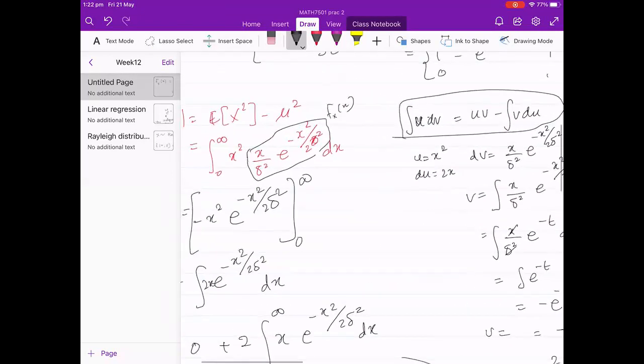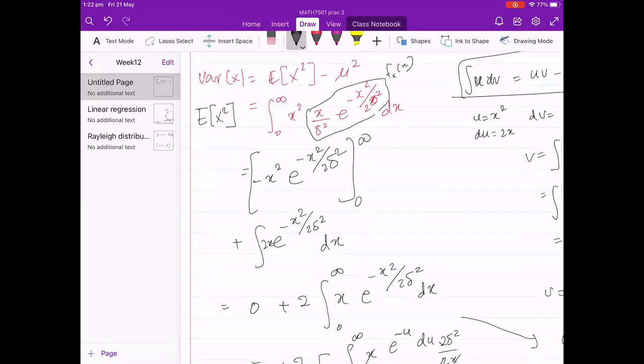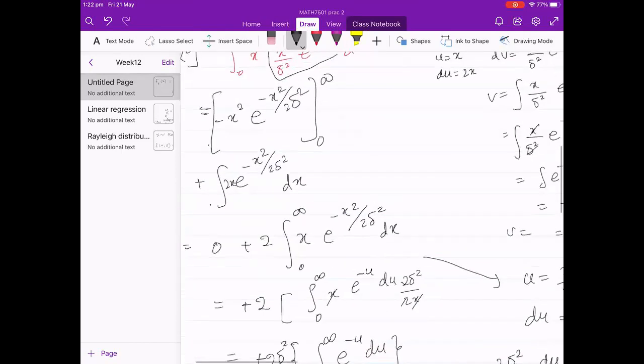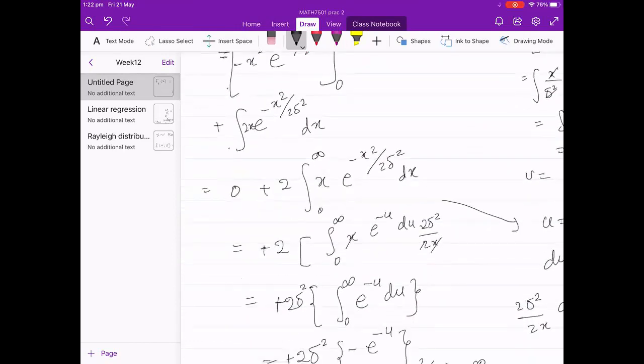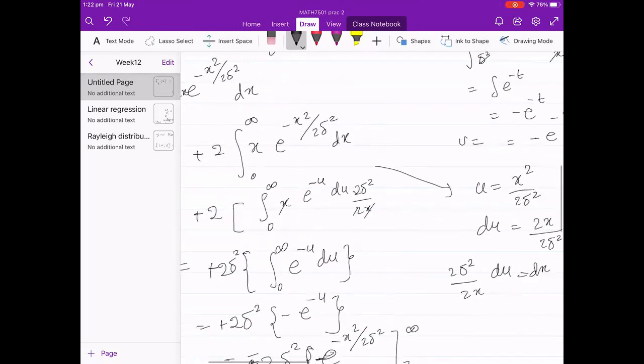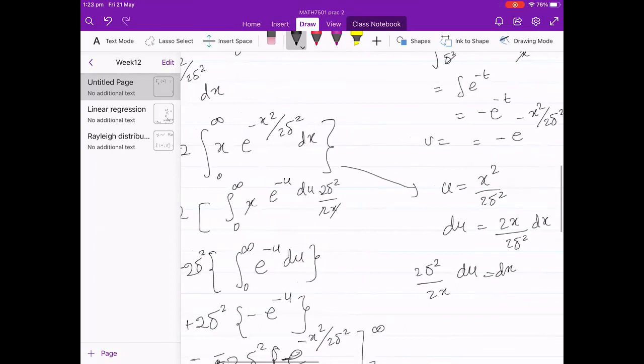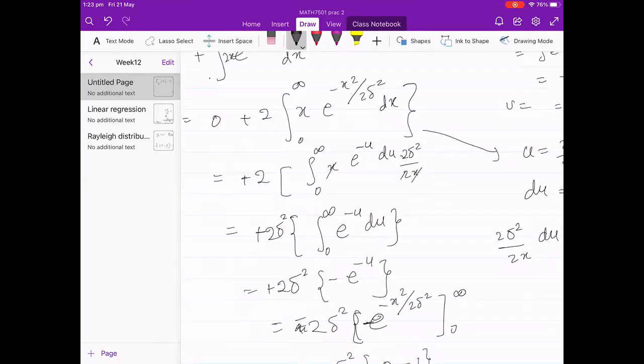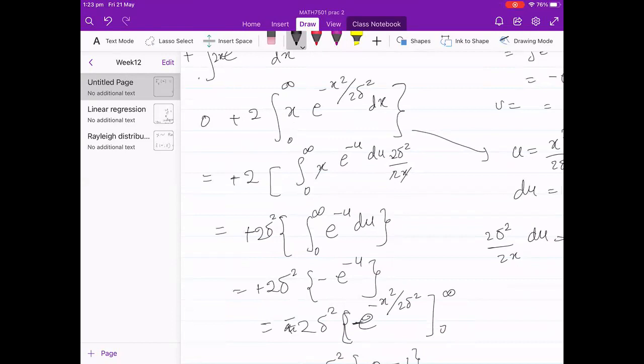So putting it into the formula of integration by parts, that's the next step. From the first part, that is 0. The second part, we need to integrate again x times e to the power minus x squared over 2 sigma squared. For this part, I've used substitution. After canceling everything, that gives me the integral of e to the power minus u, with 2 sigma squared outside.